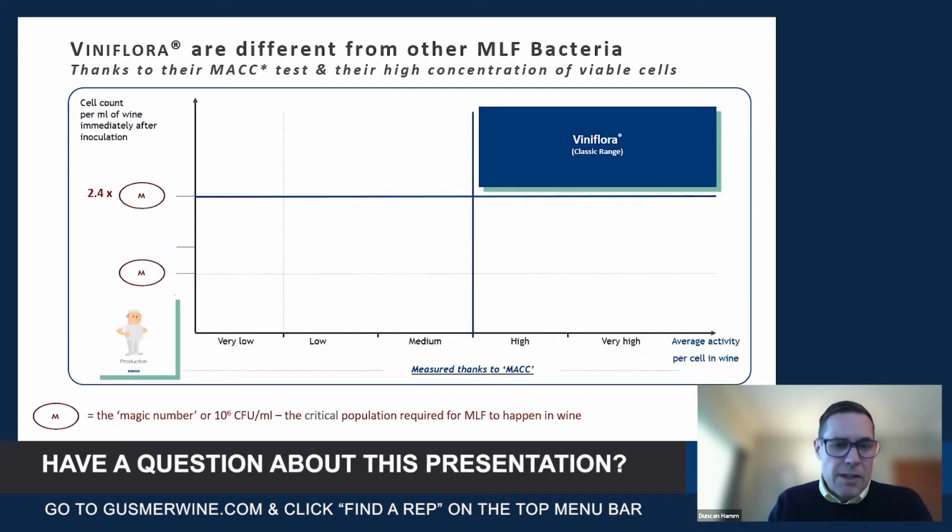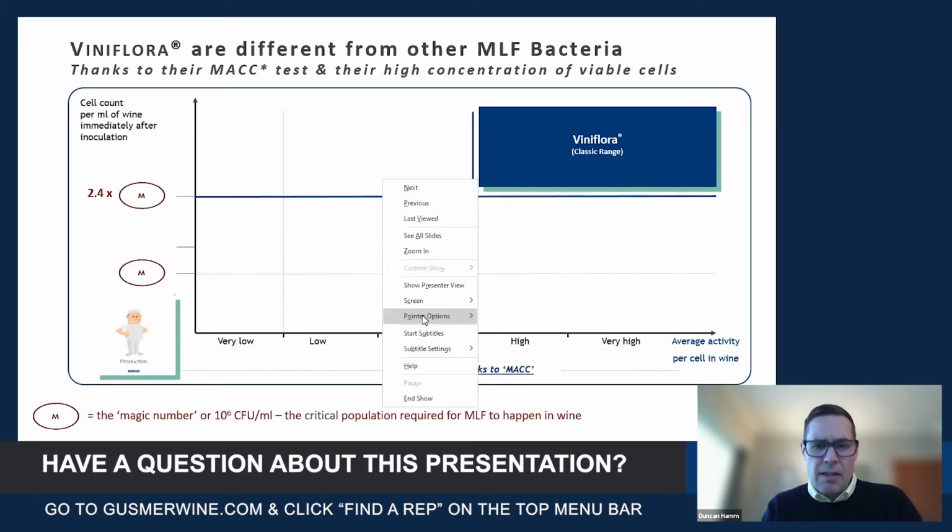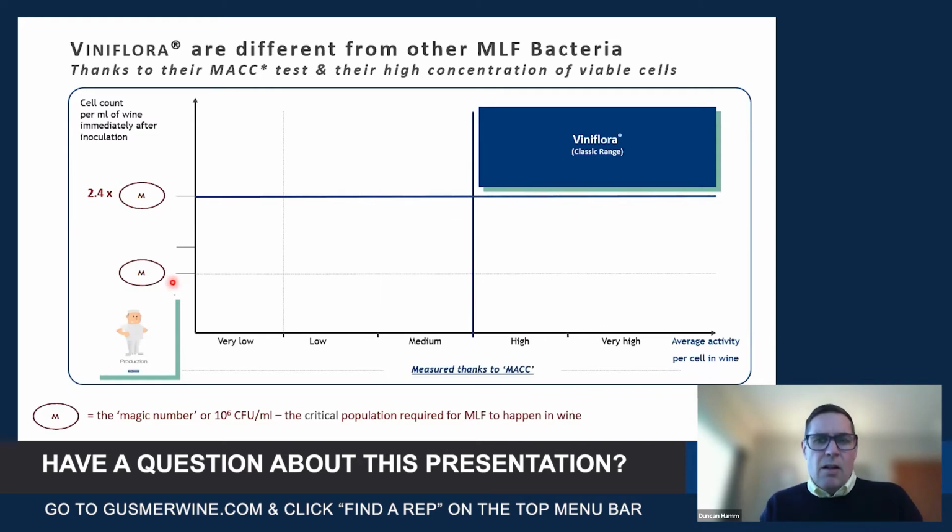If we have this X-axis on the left-hand side, we've called that the cell count, and we have M represented as the magic number. All of our VINIFLORA bacterial cultures have a minimum specification of 2.4 times the magic number.